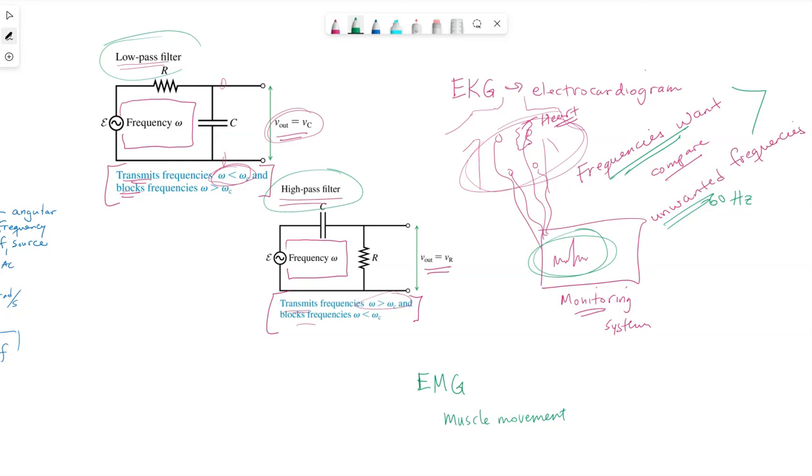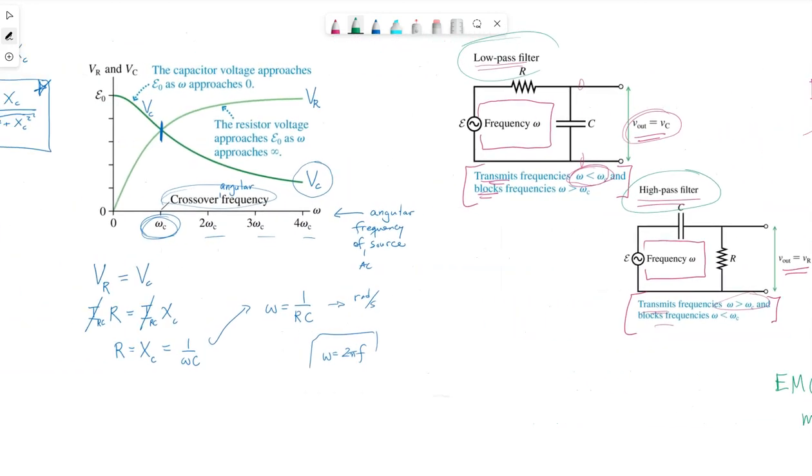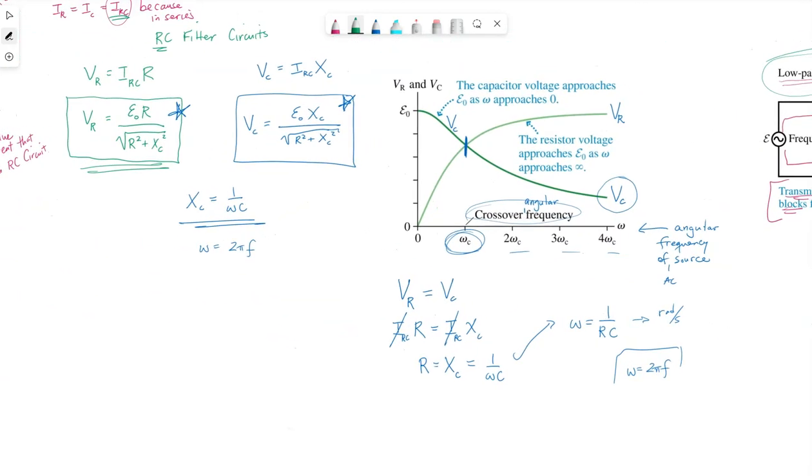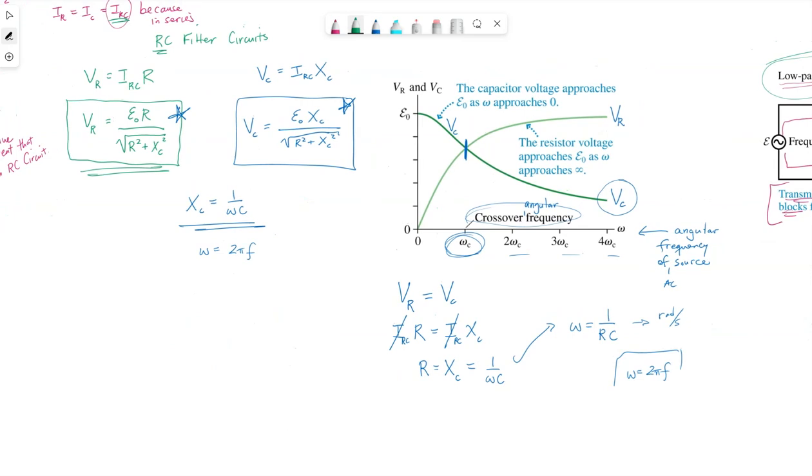There are, of course, many more applications, and I am in no way testing your understanding of building an actual filter. What I want you to understand, though, are our equations over here that we came up with. These equations are on the test notes. You don't need to derive them again. They're available.